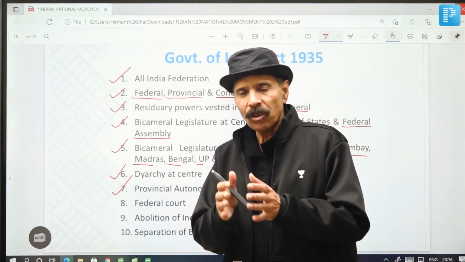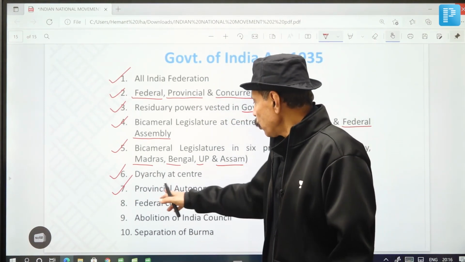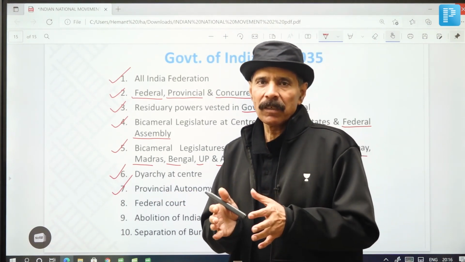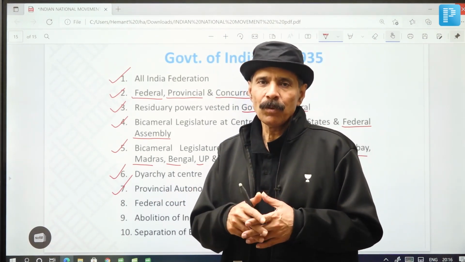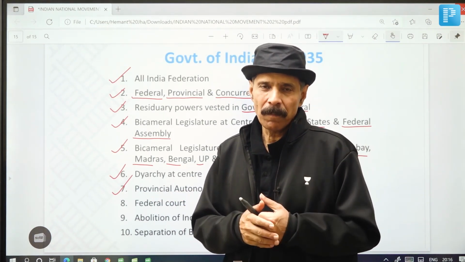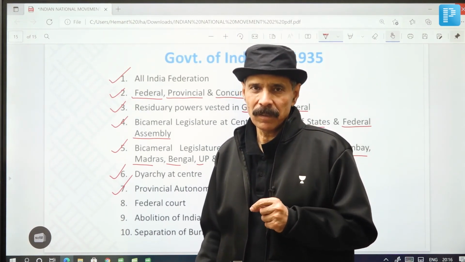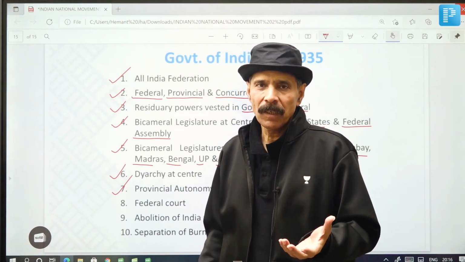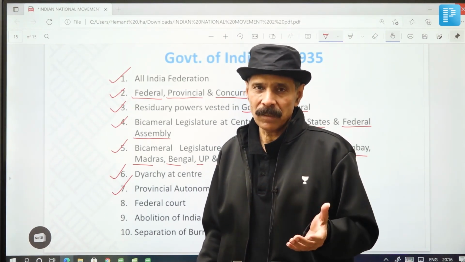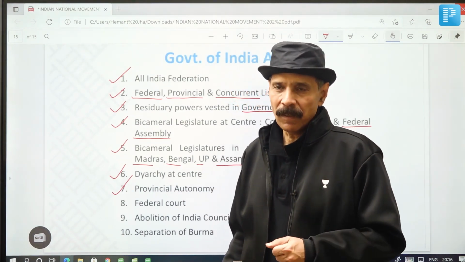The system of diarchy at the provincial level was replaced by provincial autonomy, under which the provinces were given greater autonomy in governance. The essence was that Indian ministers were given greater autonomy in governance. Still, there were several checks on the part of the governor of the province and the Governor General of India.